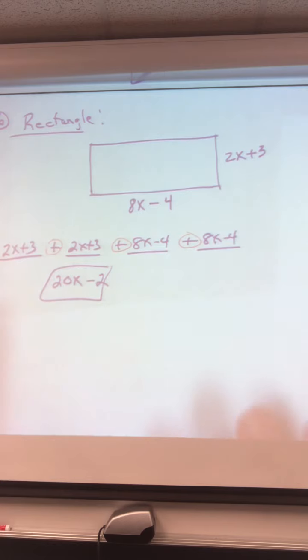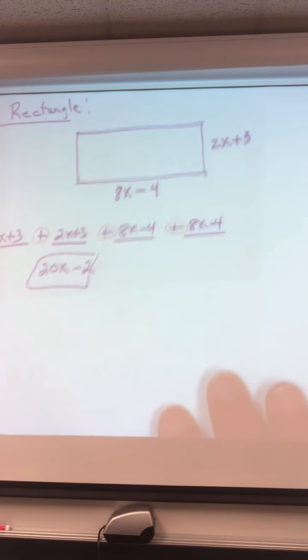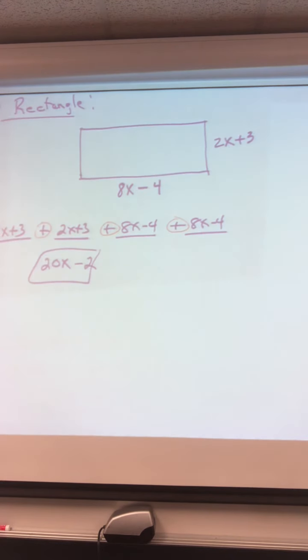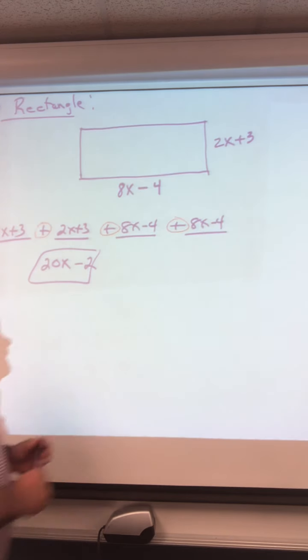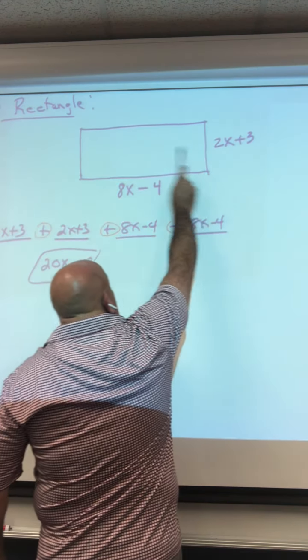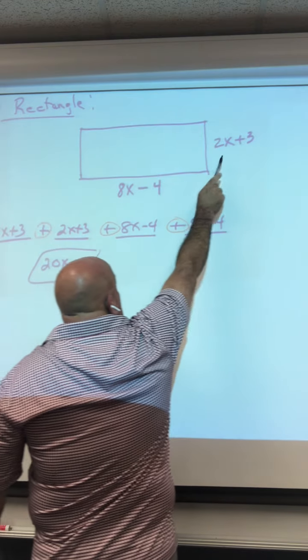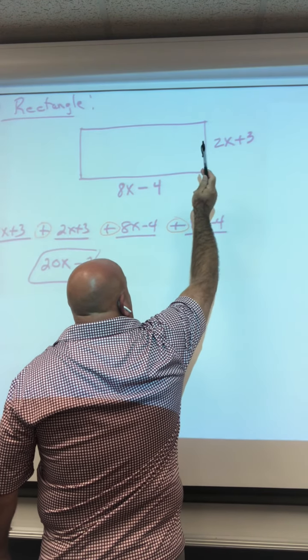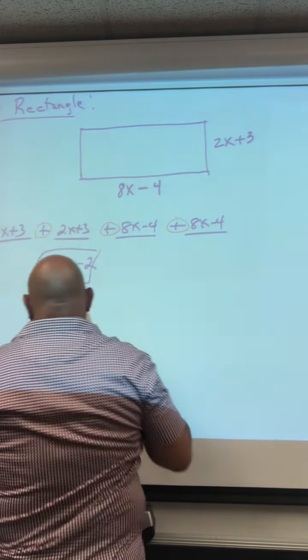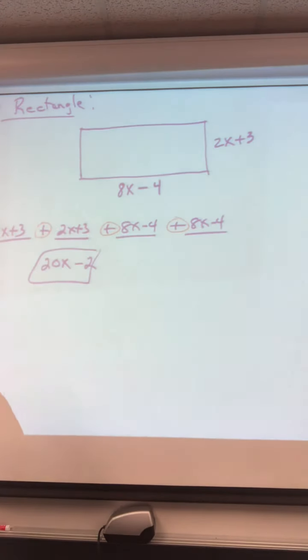Now, let me show you another way you could have set this up. In this diagram, how many 2x plus 3's do you really have? You have 2 of them. So you have this one 2 times. How many 8x minus 4's do you have? 2 of them.